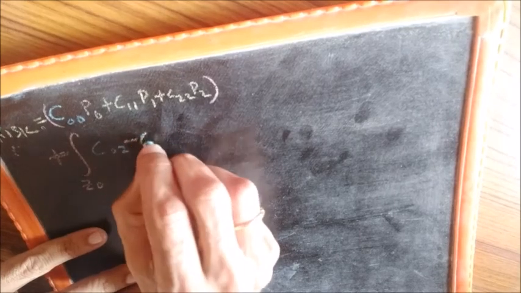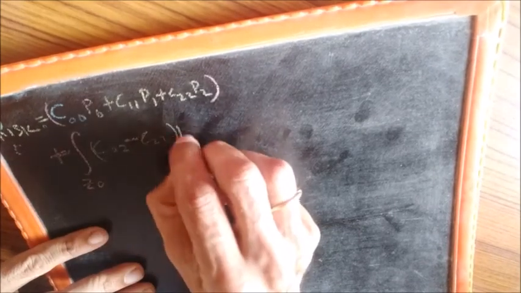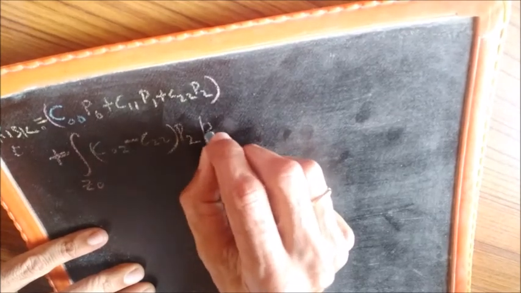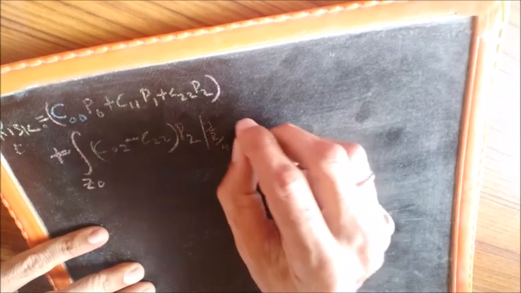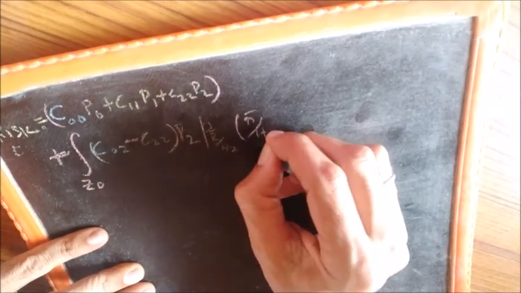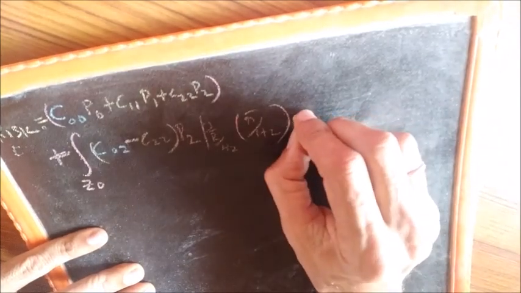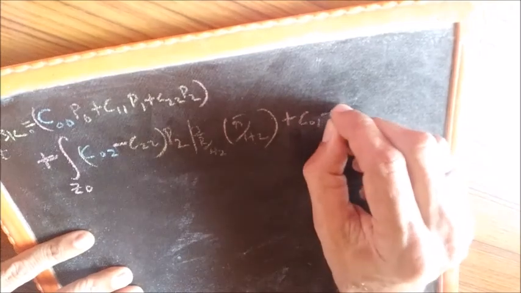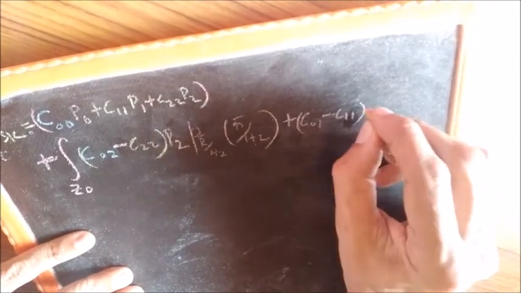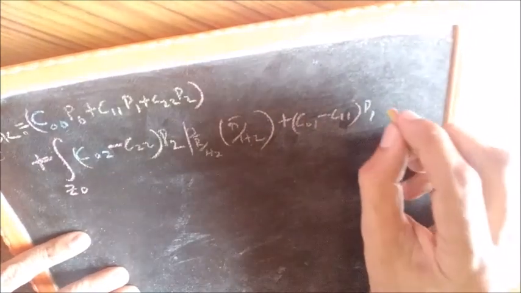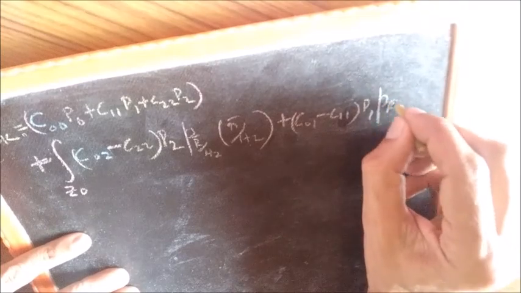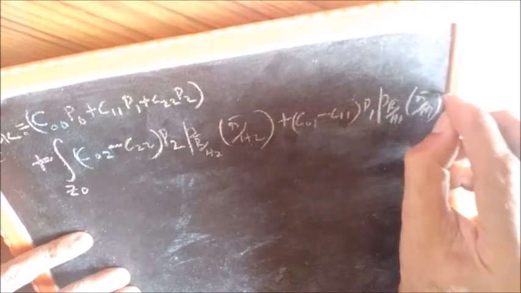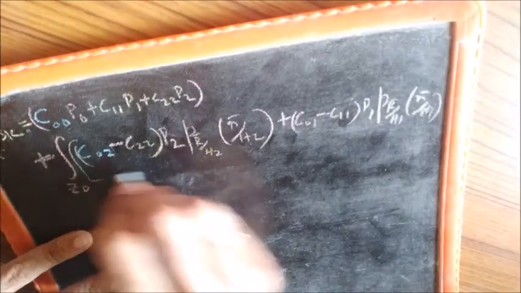(C02 minus C22) into P2 PR given H2, plus (C01 minus C11) P1 PR given H1 dr. I will not write dr here.